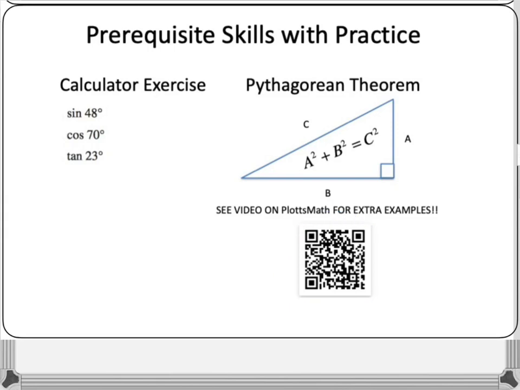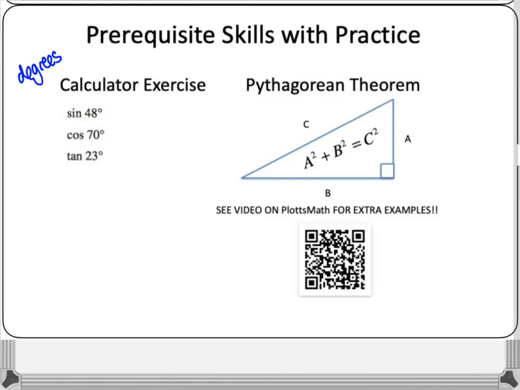What we do want to do is make sure with our calculators, and this might be a little bit different, and I'm trying to get another video going that's going to show how to set up your calculator for this. But with your calculator, if you're using a regular TI-30 or a TI-84, make sure that your calculator is in degrees, okay?